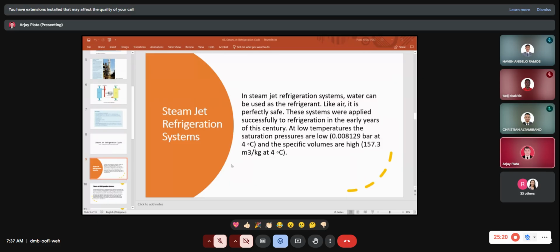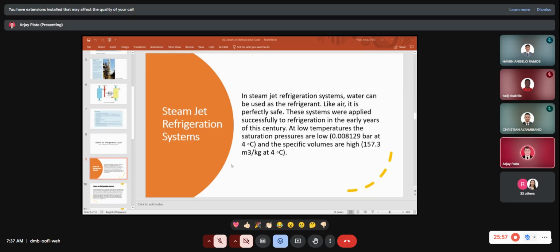One of the characteristics of a refrigerant is that it has a low boiling point. So if we lower the boiling point of water, it will evaporate even below 100 degrees, because as we all know, the evaporation temperature of water is 100 degrees Celsius. If we lower the pressure of the water, it may evaporate at a temperature below 100 degrees.